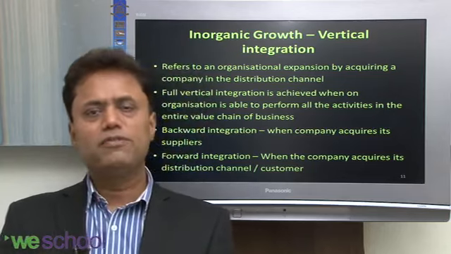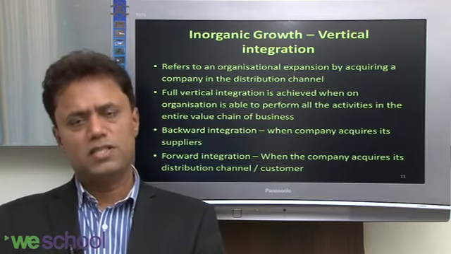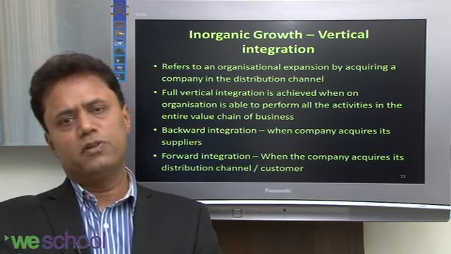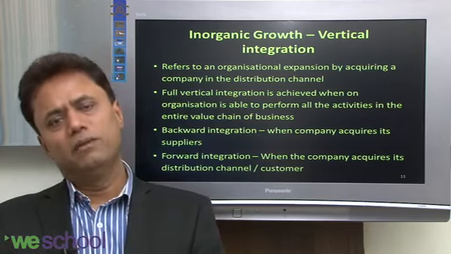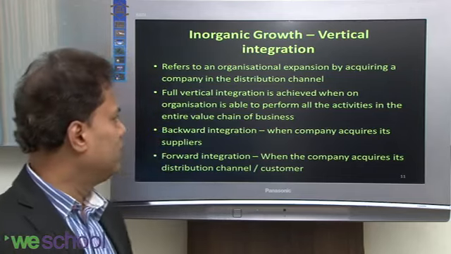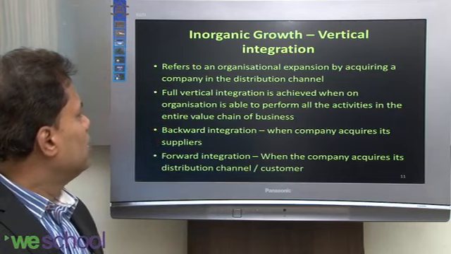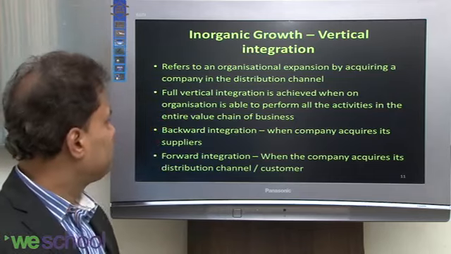These are the two types, forward integration and backward integration, complementing your core business. Forward integration is for logistics, delivery and distribution, and backward integration is sourcing and getting the raw materials. It is an expansion by acquiring a company in the distribution channel.